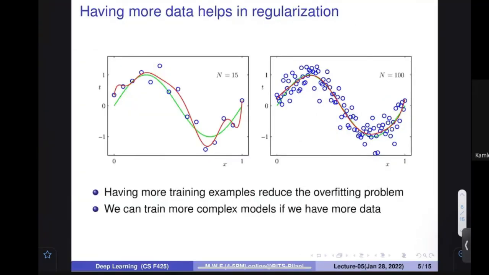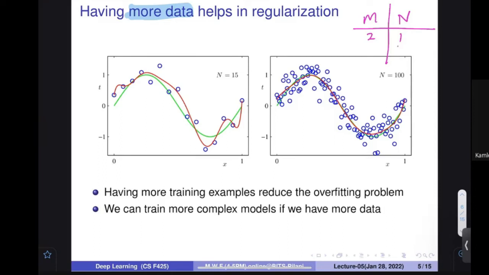This is a very interesting observation. Sometimes having more data helps in regularization. What do I mean by this? I wanted to give you this particular table. Let's assume that on one side there is m, the power of the model, and on the other side the number of examples. If m is equal to 2 and n is equal to 1, meaning the number of training examples is 1, my model is very powerful.